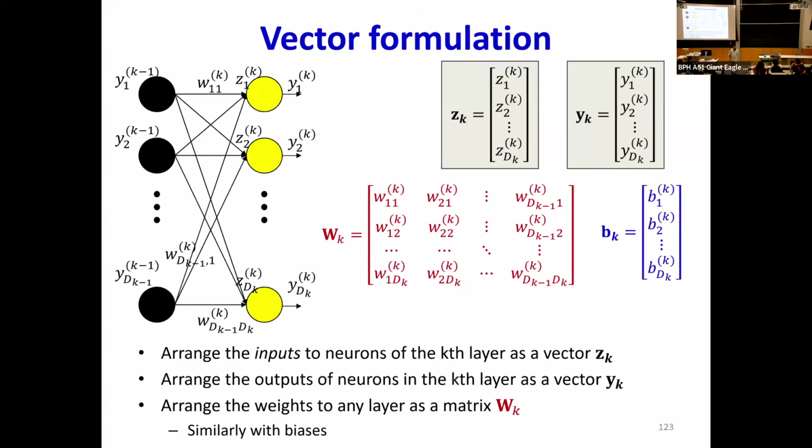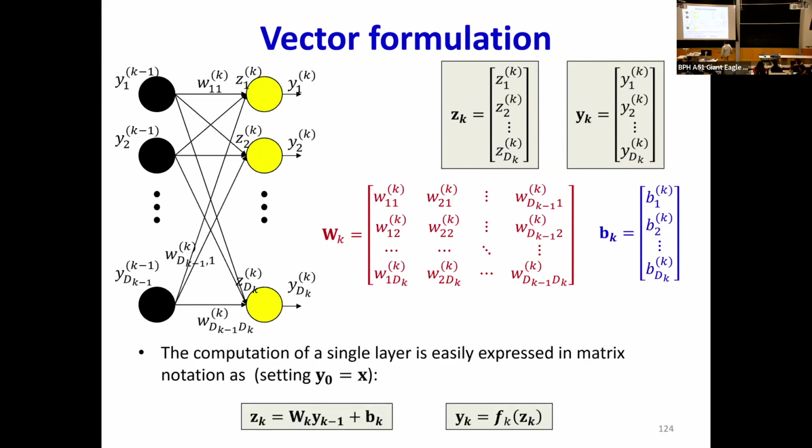This notation making sense to all of you guys? Right. So once I write it in this manner, it's very simple. W times Y is going to give me Z. Why? Because if I write things in this manner, these are all the weights of the incoming connections to the first neuron.